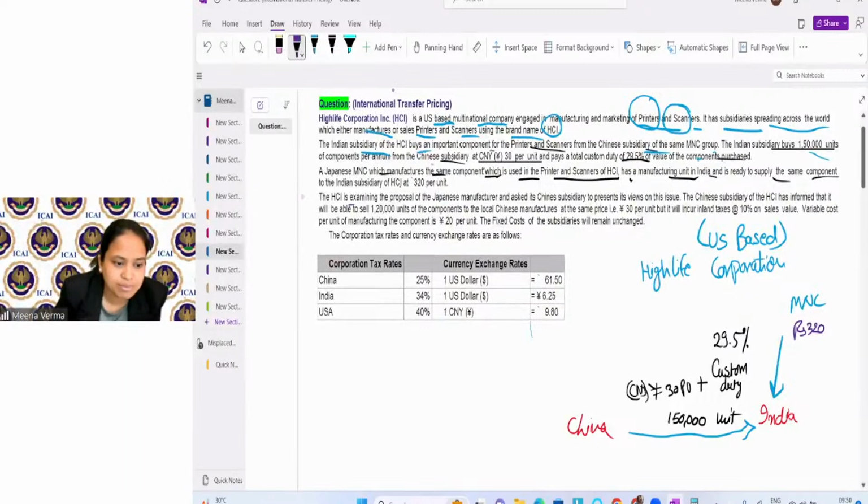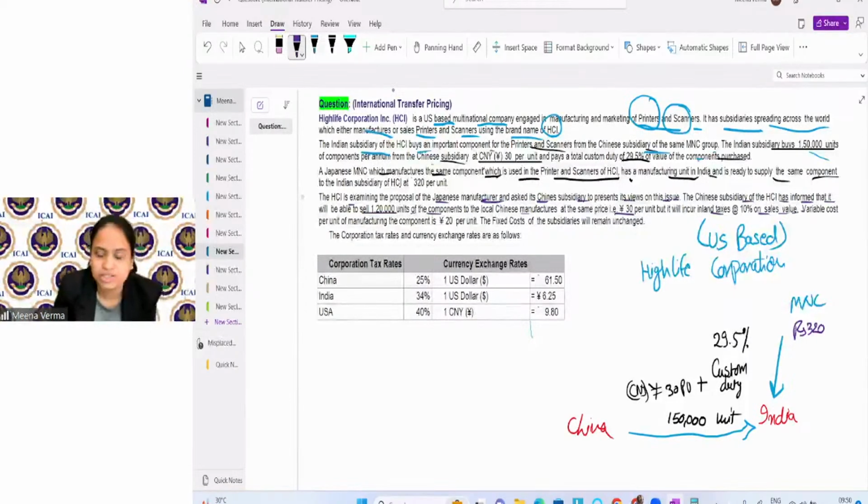HCI is examining the proposal of the Japanese manufacturer and asks its Chinese subsidiary to present its view on this issue. Okay. The Chinese subsidiary of HCI has informed that it will be able to sell 1,20,000 units of the component to a local Chinese manufacturer at the same price, but it incurs inland taxes of 10% on the sale value.